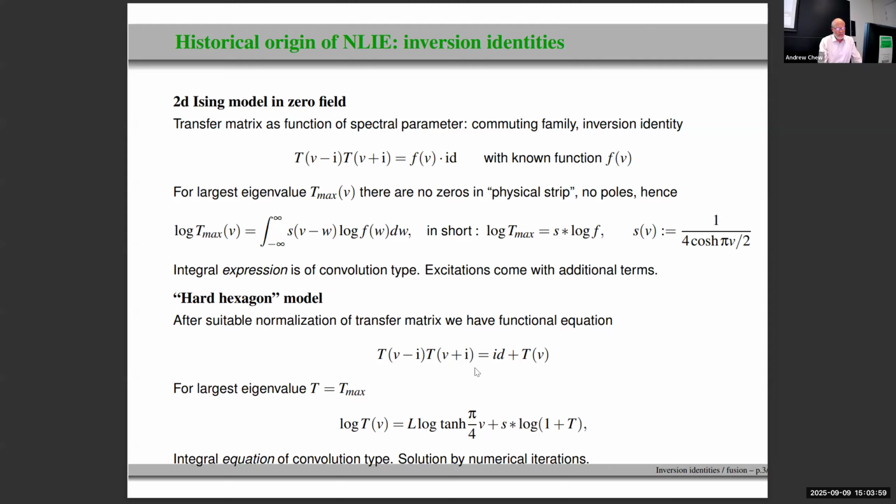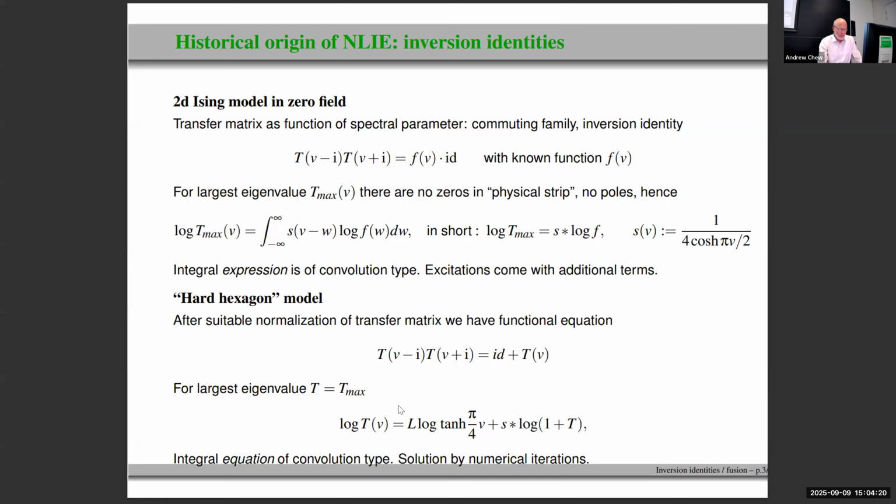So this doesn't lead to an explicit expression for the eigenvalues of the transfer matrix T, but it leads to an integral equation. If you apply the same techniques as before, you find that the logarithm of T is a convolution integral of the same kernel S with the logarithm of 1 plus T.